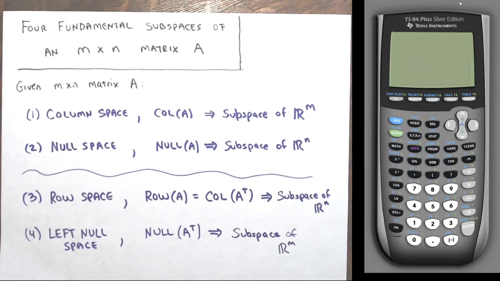So these four spaces are very important to all these matrices. And again, the concept of orthogonality of these pairs of spaces, null space and row space, column space and left null space, that'll be very important later on.